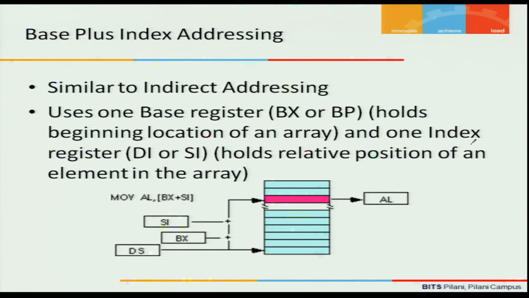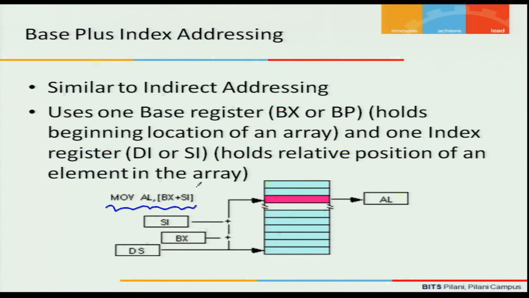The next addressing mode which is available in 8086 is the base plus index addressing mode. It is similar to the register indirect addressing mode except for the fact that in this instruction the offset is calculated as a sum of two registers.